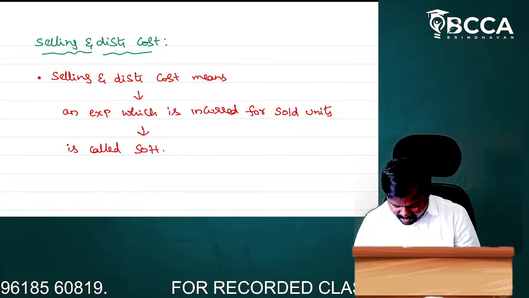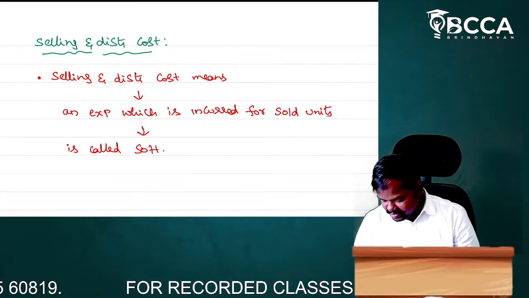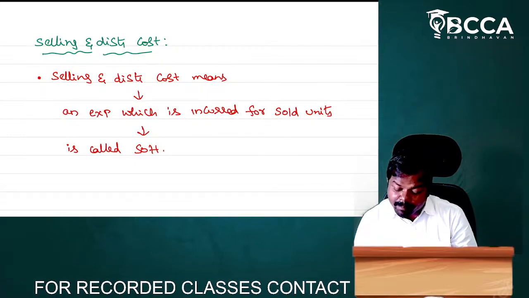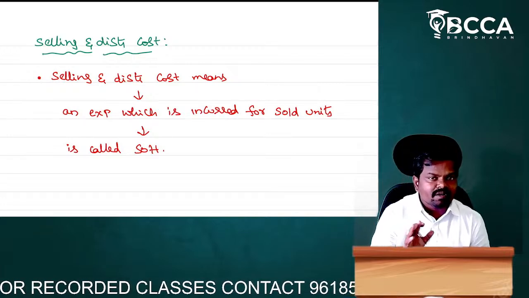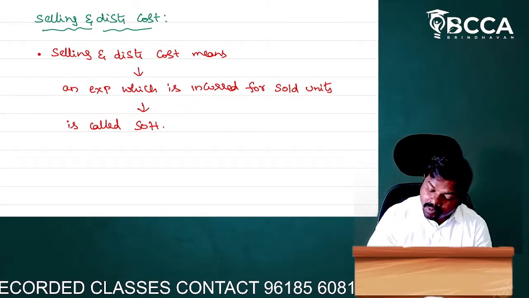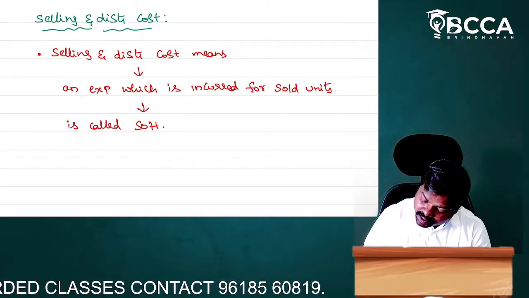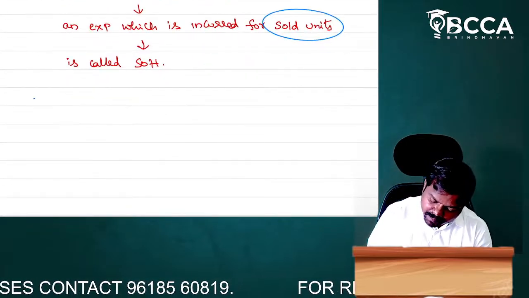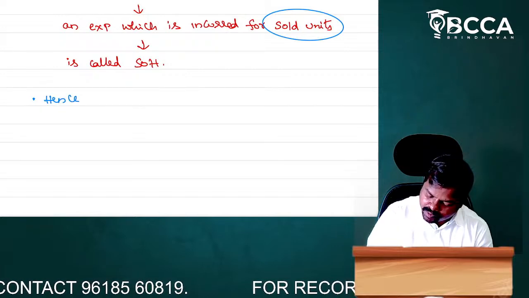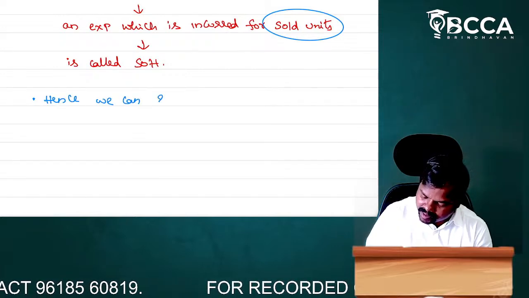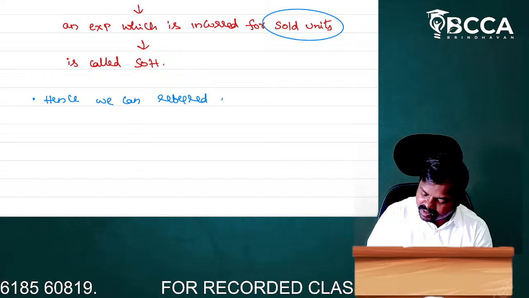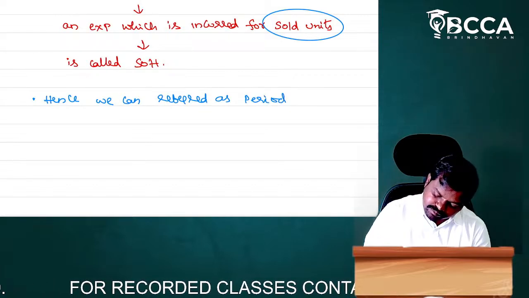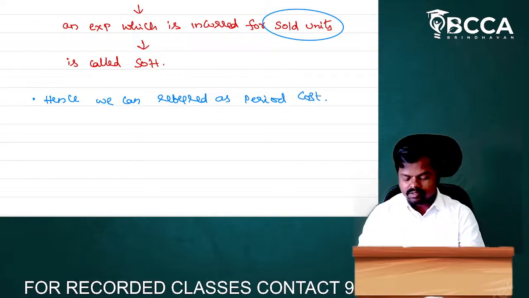Any expenditure incurred exclusively for the purpose of sold units, not for manufacturing purpose. If you observe the logic, it is incurred for sold units. Hence, we can refer to it as period cost. That's all.